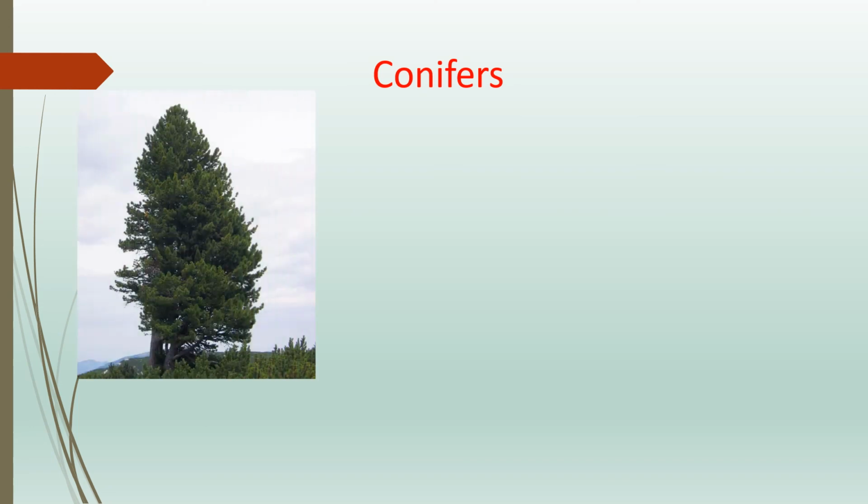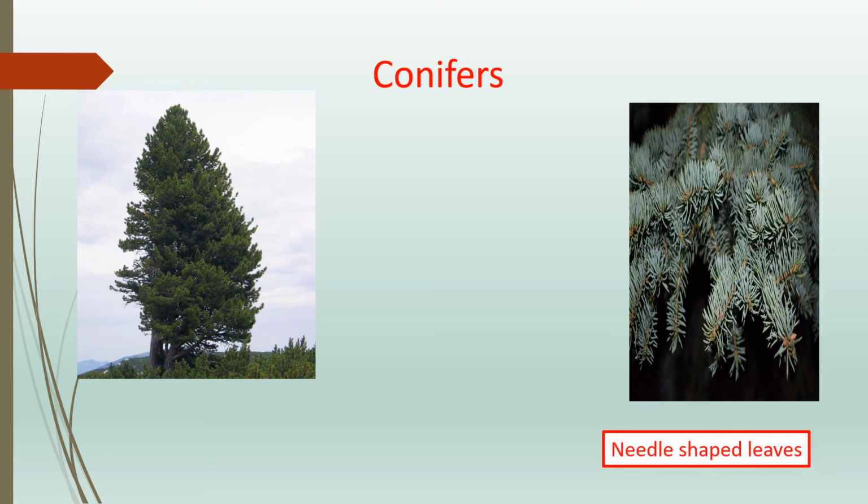Conifers. Conifers are not really non-flowering plants because they have true stem, leaves and roots. They are woody plants. They are usually triangular in shape. Another special thing about conifers is their needle-like leaves. So conifers are easily identified by their needle-like leaves.